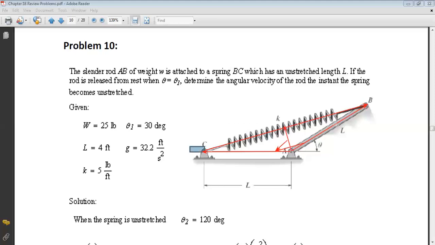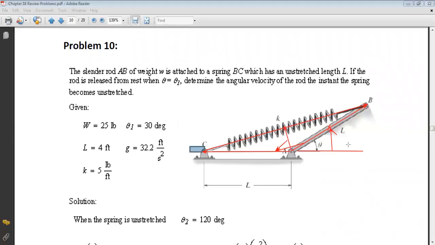And you can find the gravitational potential of AB by looking at the position of the center of mass. So the center of mass is here. If you take the reference line at this level, then the height of G will be equal to, so the potential is mg times sine theta.